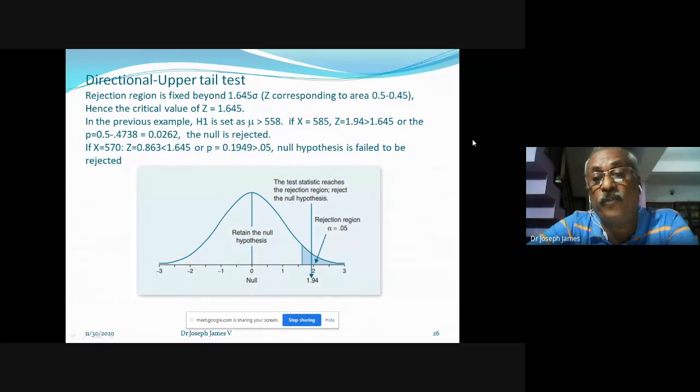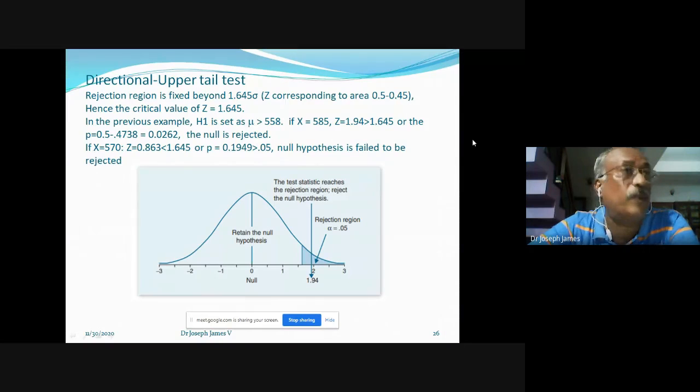Find the Z value corresponding to the area 0.45. That value is 1.645, the Z value corresponding to area 0.45.